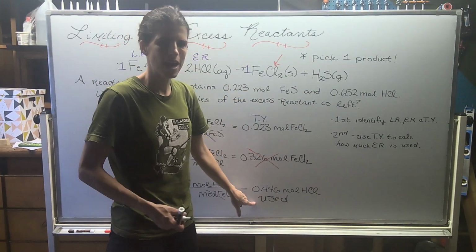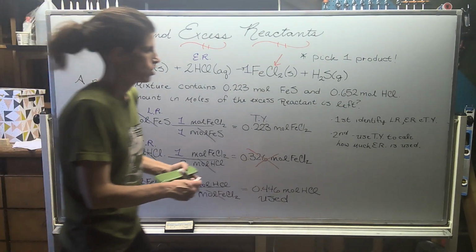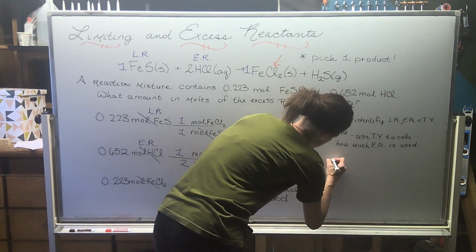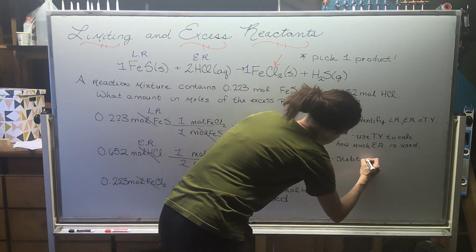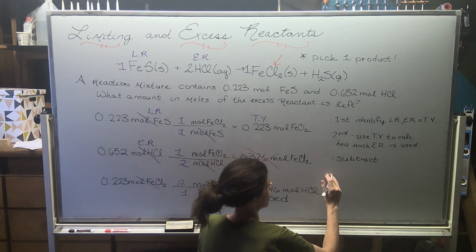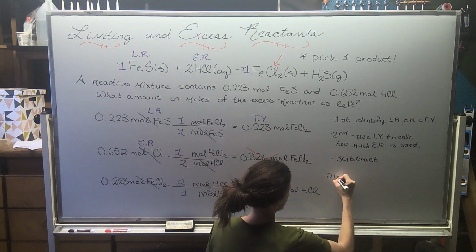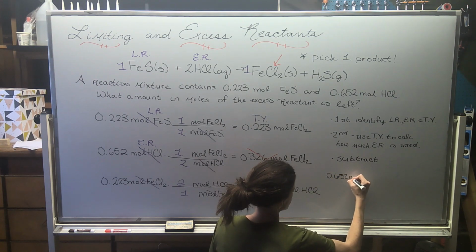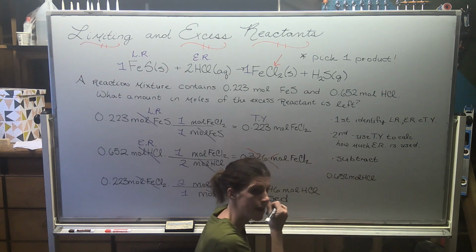And then right now we used the theoretical yield to figure out how much we used. So we're going to subtract. So step 3, subtract. And I'll set this step up right here. So you're going to start with the 0.652 moles. When you do subtraction, the units have to match.